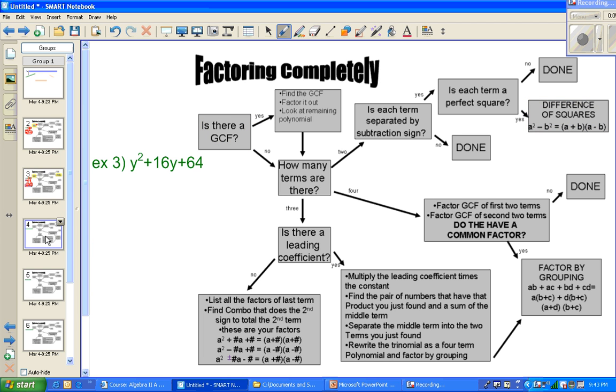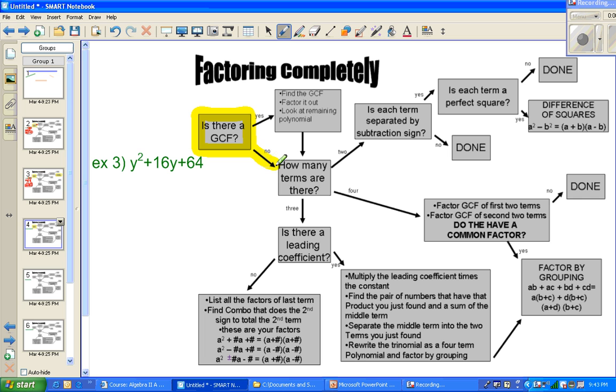Okay, so we're going to leave the problems that have 2 terms in them, and we're going to move on to the ones that have 3. So again, like always, we start at the beginning. Is there a GCF? Is there a number or variable that's common to y squared, 16y, and 64?